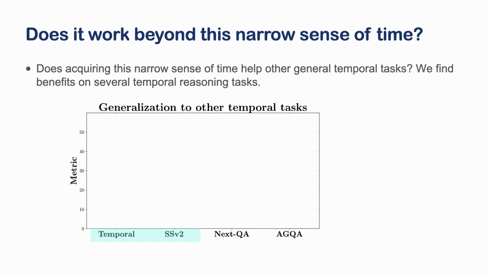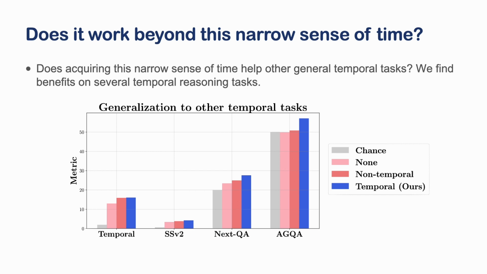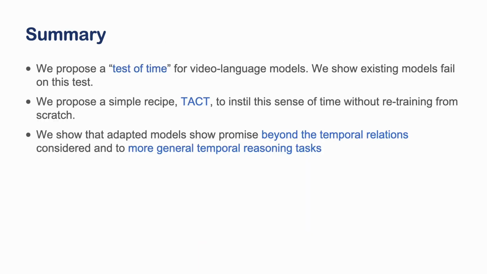On these, we run the action to video retrieval task, where given a text description of an action, we want to retrieve the most relevant videos. Second, we consider a temporal question answering task where the questions have a temporal aspect such as before, after, during, while, etc. We find that TACT adapted models show promising benefits over the non-temporal baseline on all these tasks.